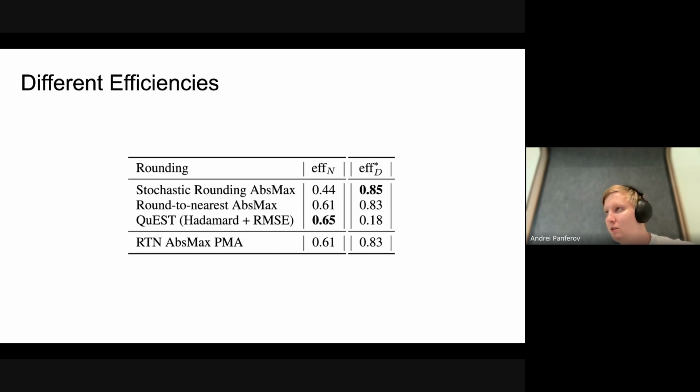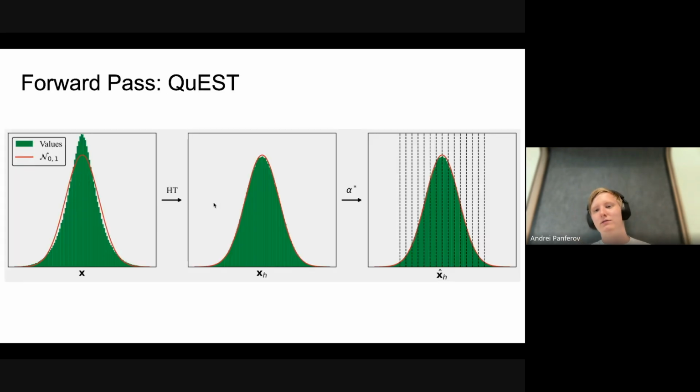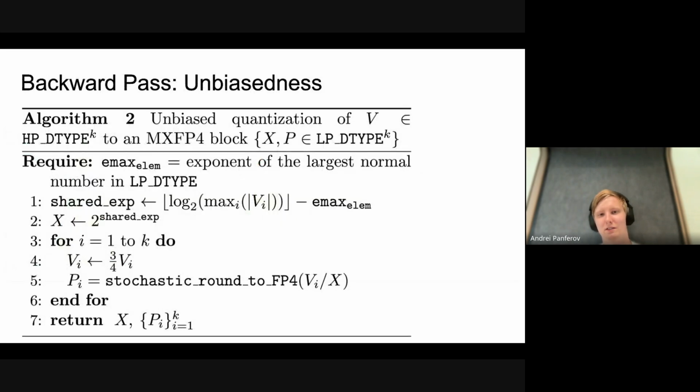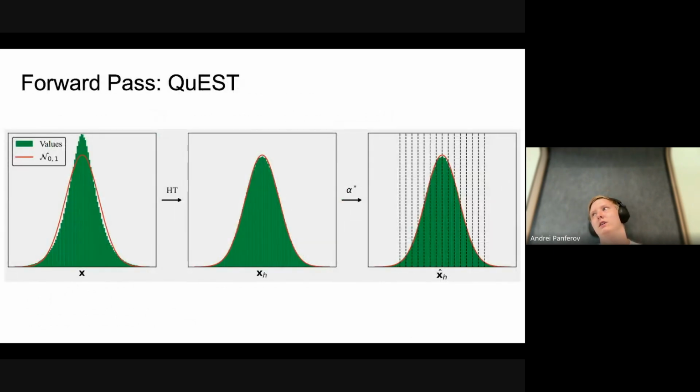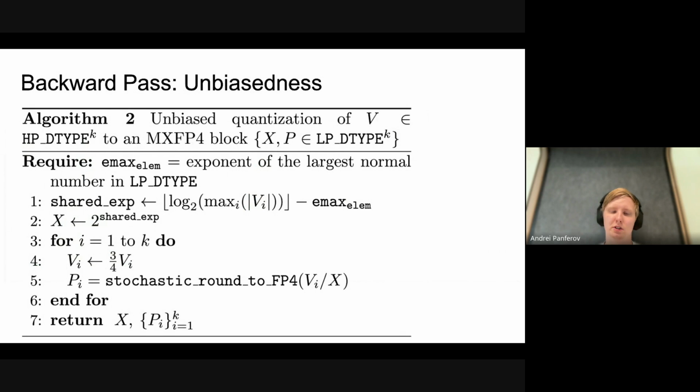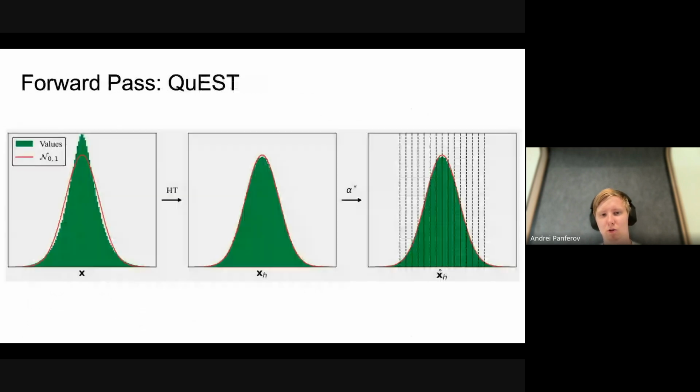And before we define what our final method end-to-end is, let me quickly discuss, I guess we could skip those slides. So this is just a description of the methods that we use for forward and backward pass.